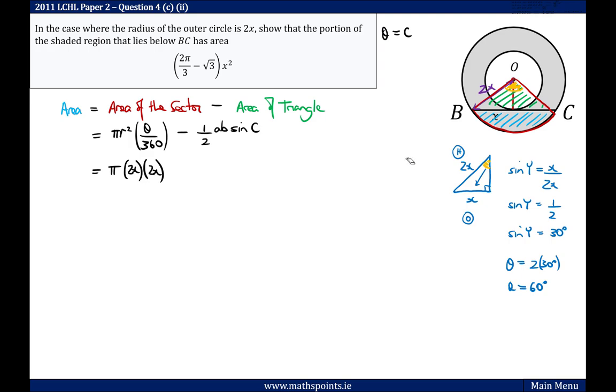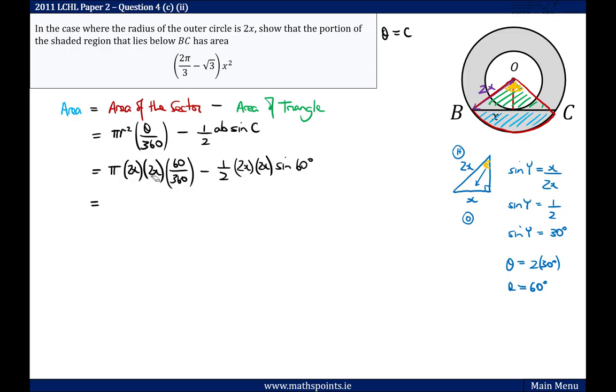So that orange angle up here is 60 degrees. So that's 60 over 360, which we'll change to a sixth in a second. And then the triangle is a half. A and B are the two sides, so again that's 2x by 2x, and then by the sine of 60 degrees.